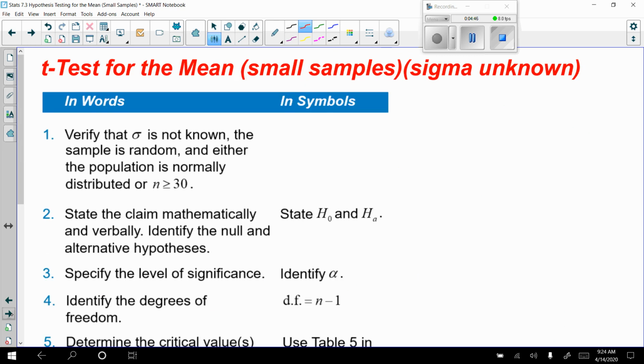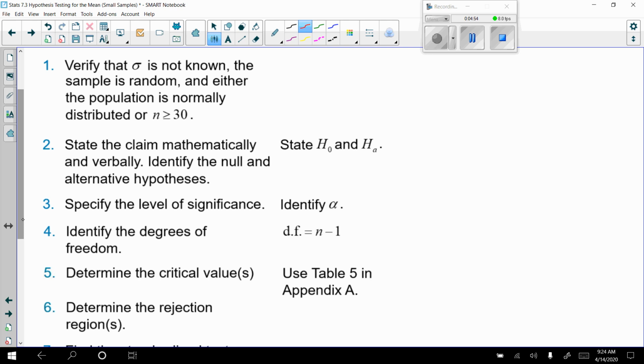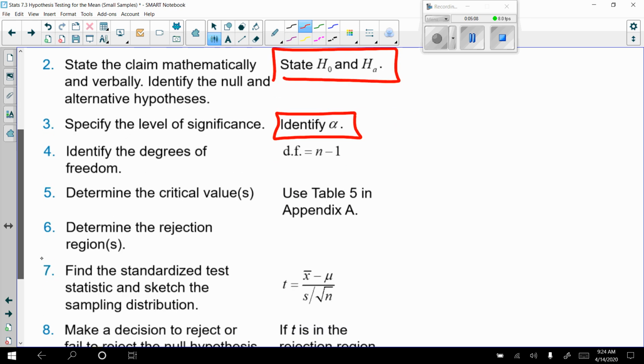So if you're doing a t-test using a t-distribution, when you have small samples where sigma is unknown, your steps are to follow these. Most of these are not new. You still have to check your conditions. Stating the null and alternate hypothesis is new to Chapter 7, and identifying that correct alpha level.